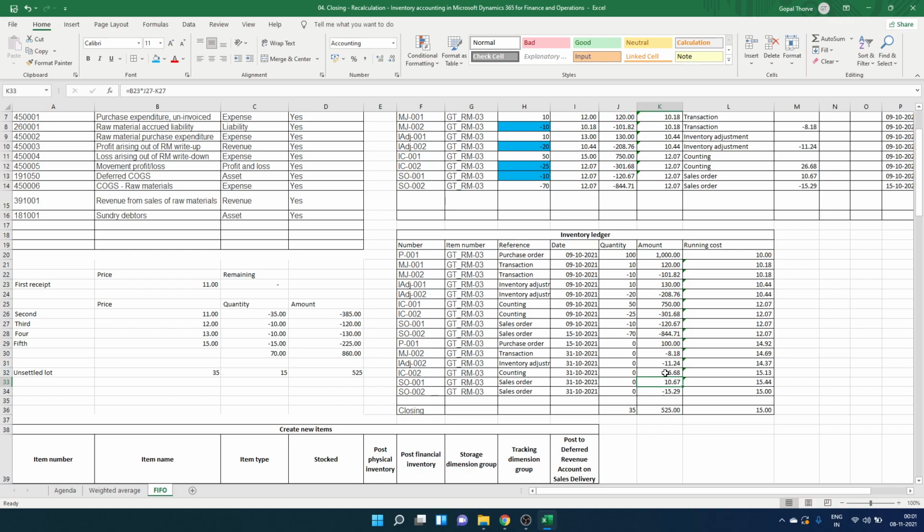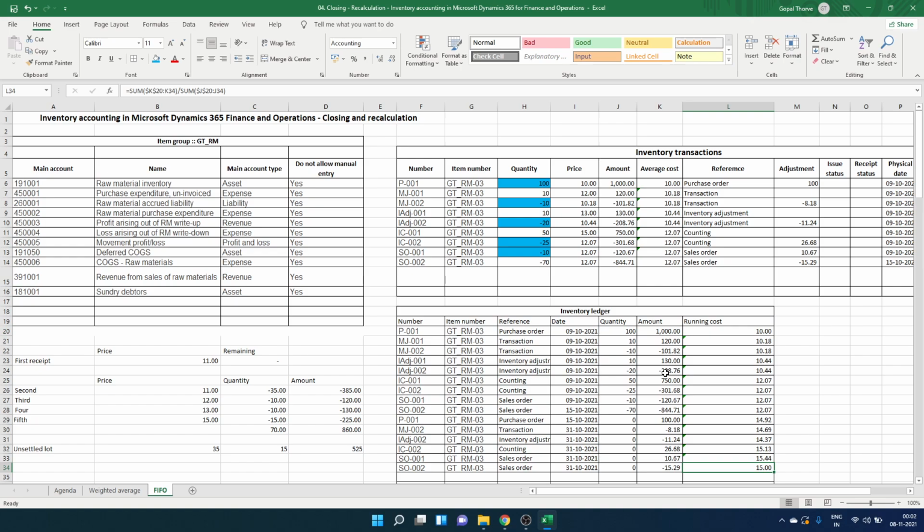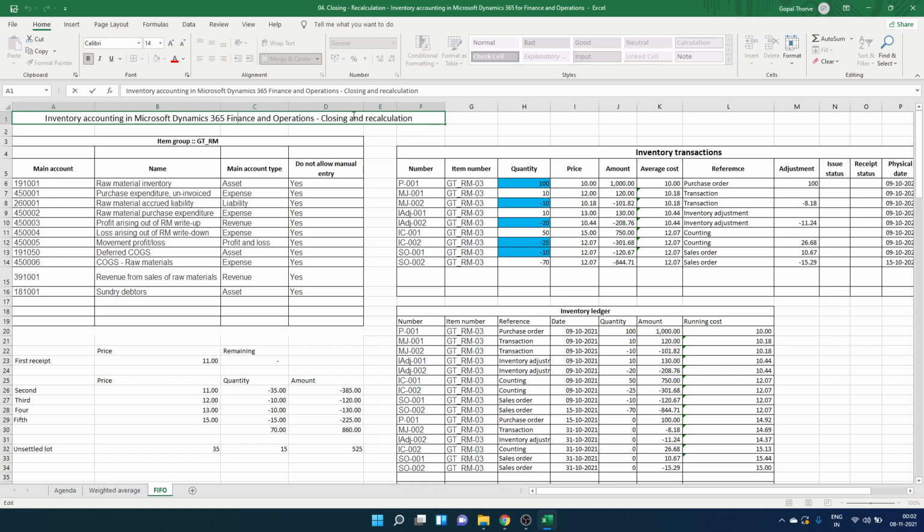But in the last sales transaction, if you see there is a negative transaction, so inventory is getting credited by some additional amount, and COGS is getting increased.